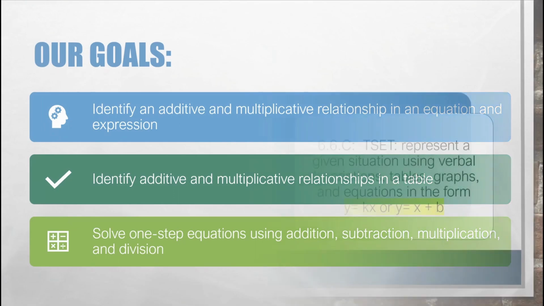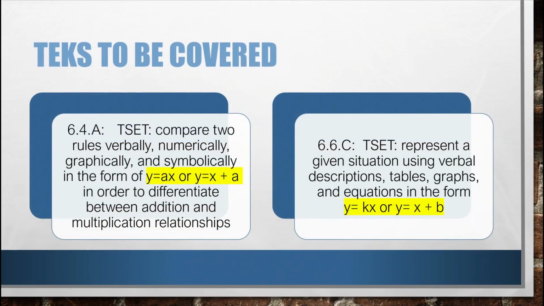And we have some TEKS that are expected of you to learn. You are to compare two rules verbally, numerically, graphically, and symbolically in the form of y equals a multiplied by x or y equals x plus a in order to differentiate between addition and multiplication relationships.